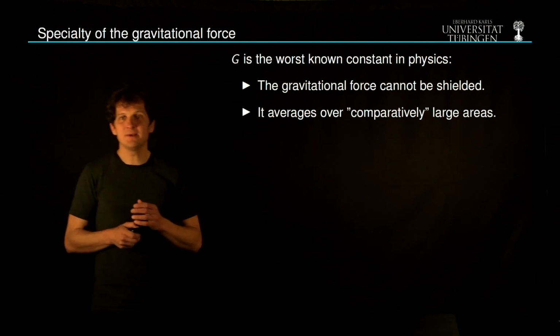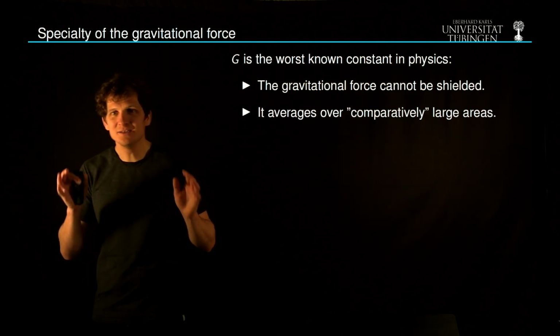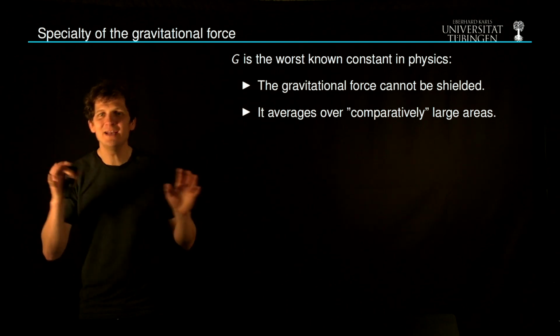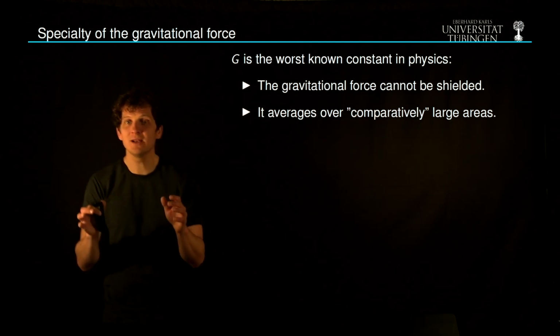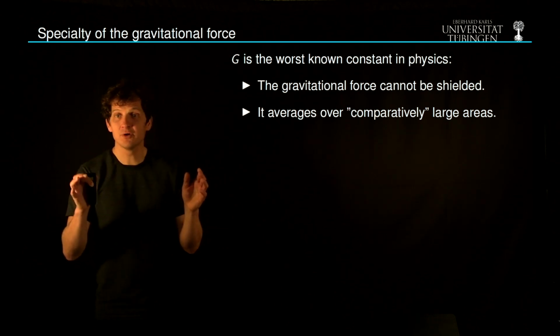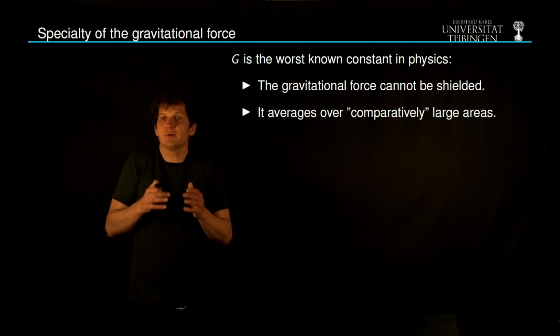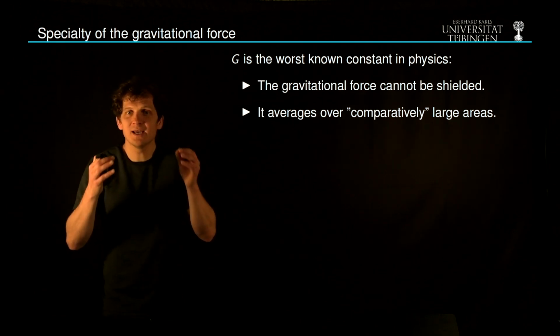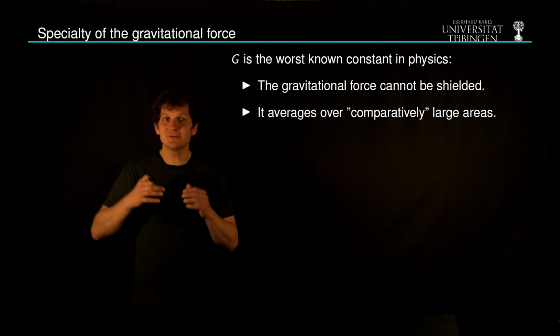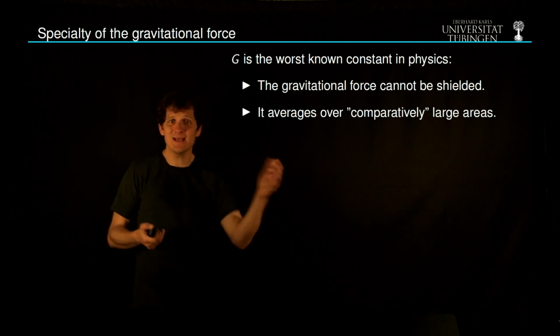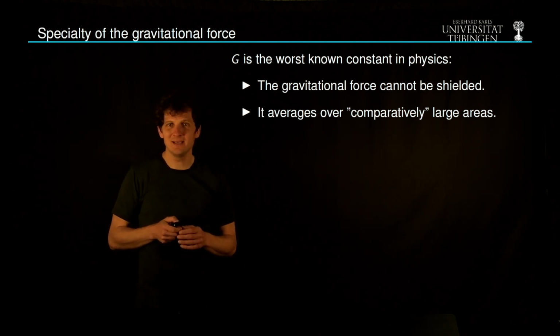In geophysical applications, G is known well enough, and so we don't really need to worry about this too much. However, it is important to realize that unlike other forces, such as the electromagnetic force, the gravitational force cannot be shielded. And as we will see later, this is a curse and also a blessing for the gravity method in geophysics.